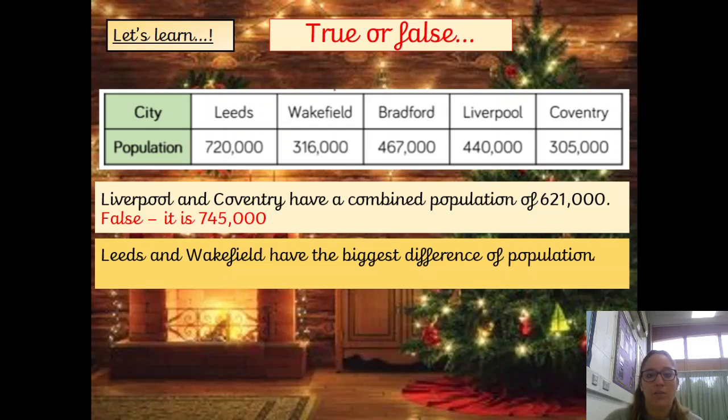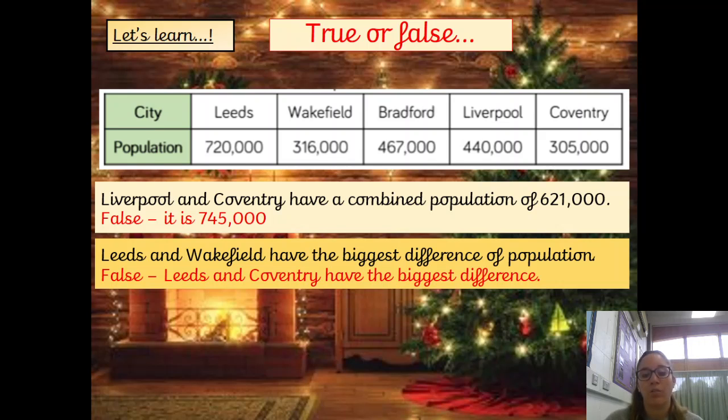And then Wakefield is 316. Is that the smallest population in the cities? No, so it's false, because Leeds and Coventry have the biggest difference. If you take away 305,000 from 720,000, it is a bigger difference than what Leeds and Wakefield would have.